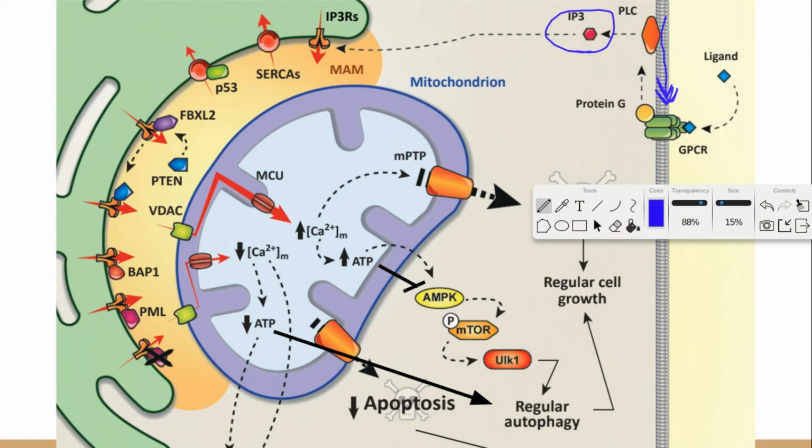IP3 will then diffuse to these IP3Rs found primarily on mitochondrial associated membranes, MAMs. And one of the most important activities going on at these membranes is calcium transfer from the ER to the mitochondria.